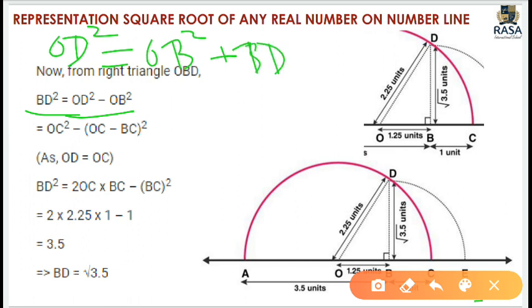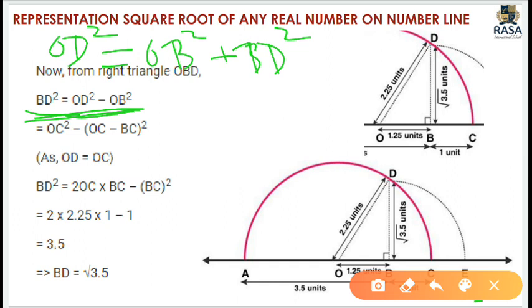Okay, so when you shift OB square to the left hand side towards OD square, you will get this equation, that is BD square is equal to OD square minus OB square. The square of the hypotenuse is equal to the sum of the squares of the remaining two sides of the right angle triangle.